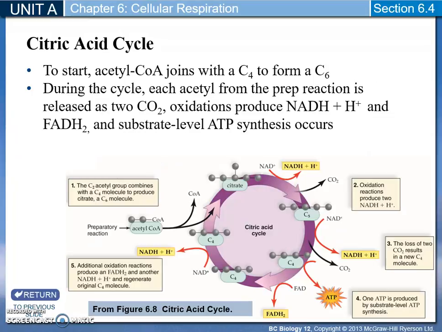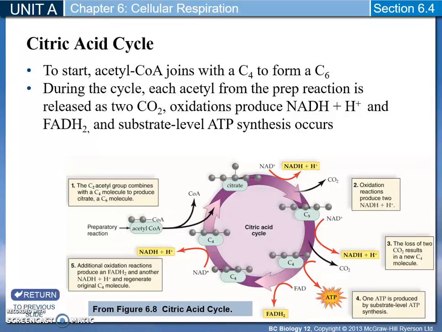Here's a summary of this cyclical pathway. The pyruvate has become a 2-carbon acetyl group, which combines with a 4-carbon molecule of the citric acid cycle.